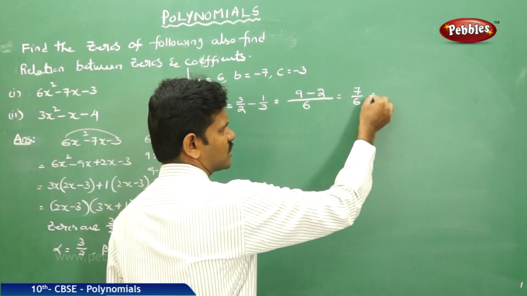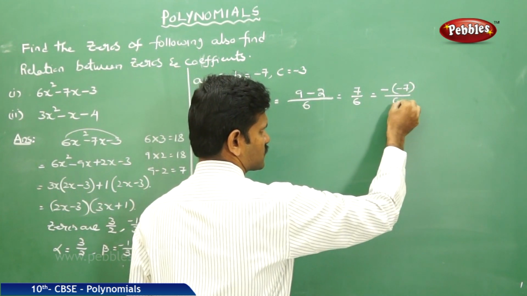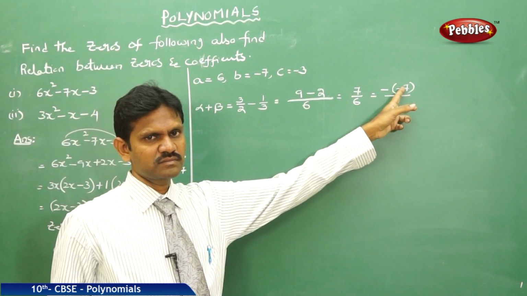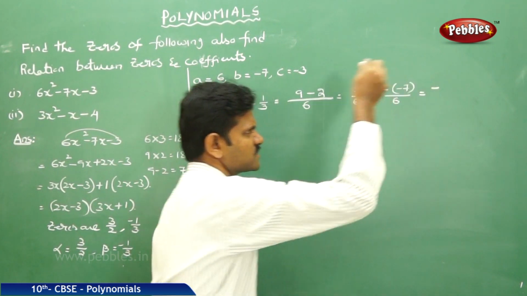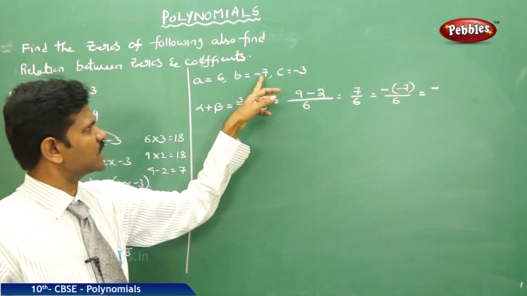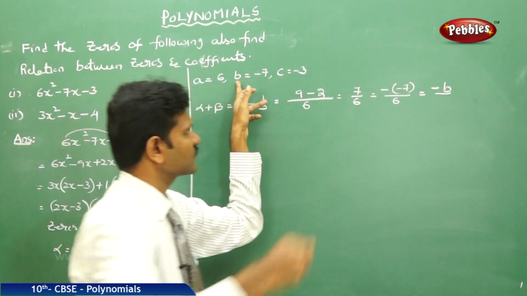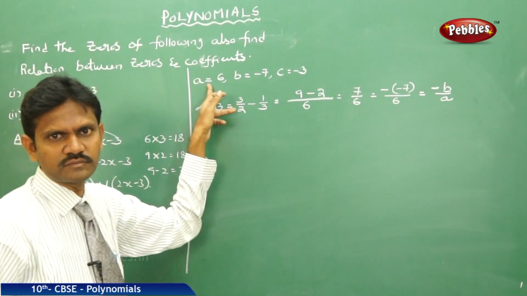I modify this answer as minus of minus 7 by 6. I will arrange this one. Why? Because minus into minus is plus. That is plus 7 by 6. Now that is equal to minus 7, nothing but b, by 6, nothing but a.